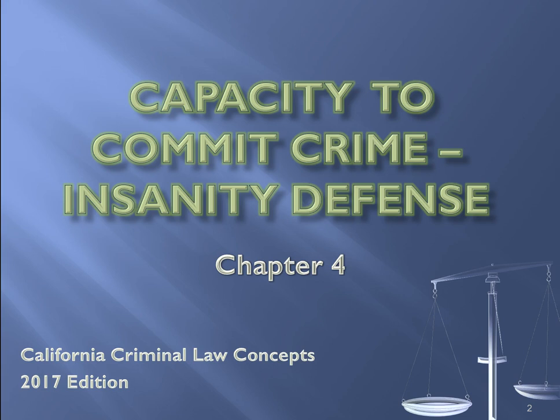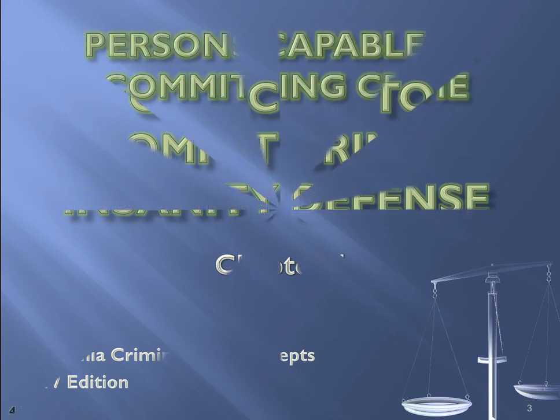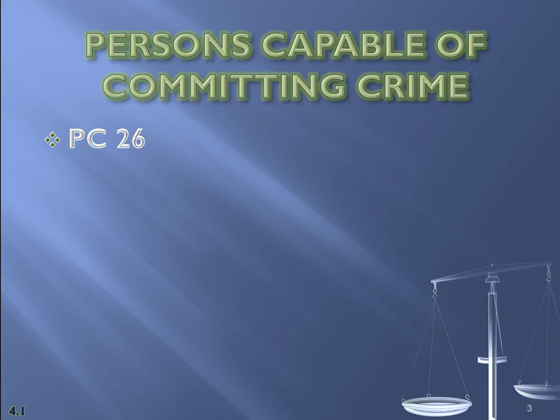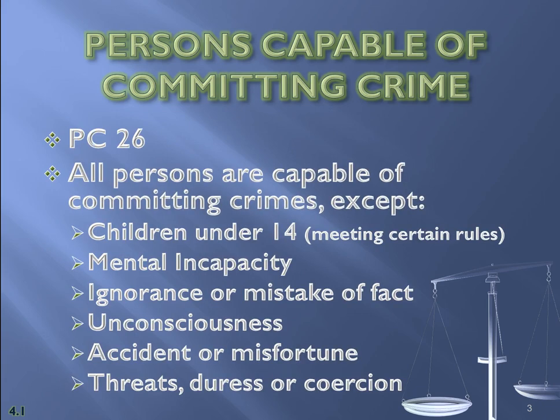So, with that being said, let's jump right into Chapter 4 and talk about capacity of committing crimes. So, Penal Code Section 26 states that all persons are capable of committing crimes except those belonging to certain classes, or the following classes that we're going to actually talk about here.